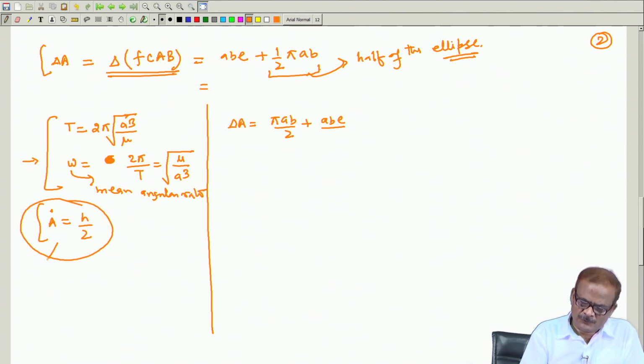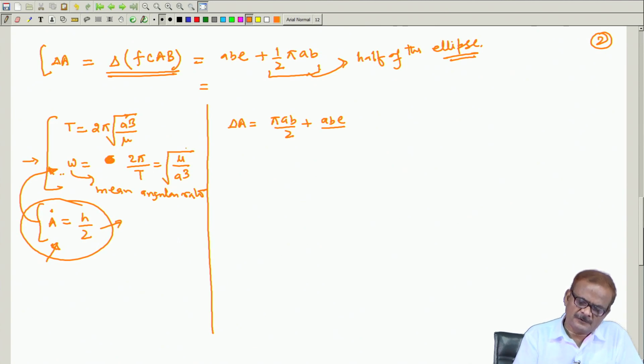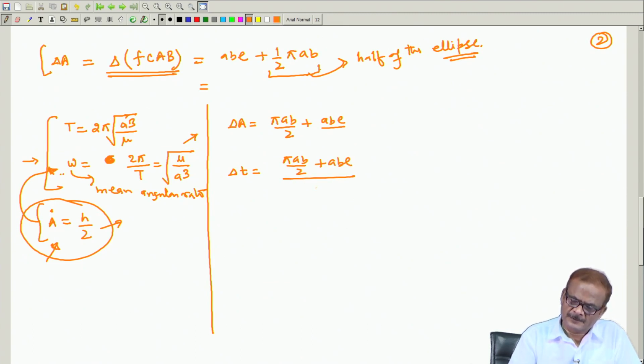We can also use this information, but because we have derived this omega based on it, we can directly use omega, which is a constant mean angular rate, and the rate of sweep of area is a constant. So, either we use this or that, the result will be the same. Therefore, this delta t will be pi A B divided by 2 plus A B e, divided by omega.